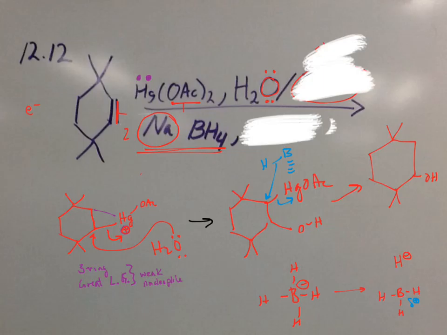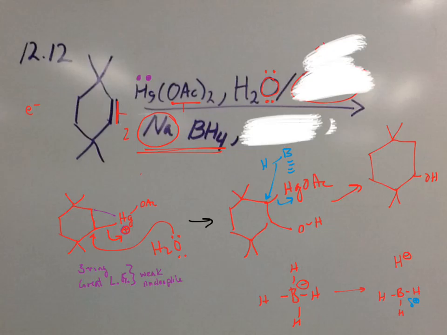So your final answer is just the addition of H and OH. There are 3 reagents. I'll come back to that in a second. Questions about that? What was your question? You good? Actually it doesn't matter because you're adding.